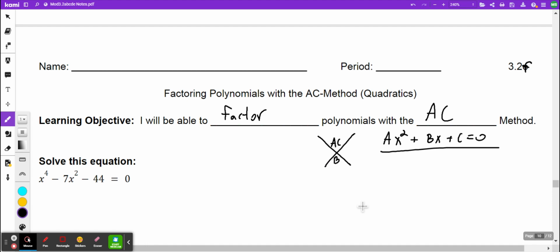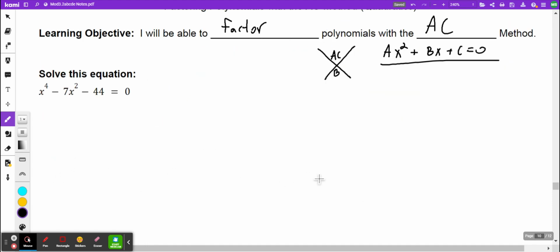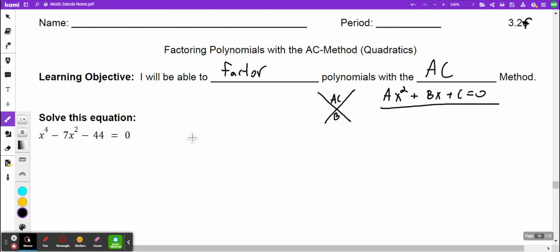So here we go. I have x to the fourth minus 7x squared minus 44. Now, what I can do is pretend to do a few things. I'm going to make this into a quadratic by saying, let d equal x squared.